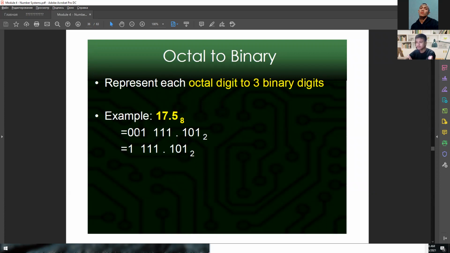Then you can remove the other 2 zeros, and it will lead you to this more simplified answer. Again, you must not forget the label or the unit, wherein this is octal and in here it's already binary. This is an indicator that you have already converted this octal into binary.